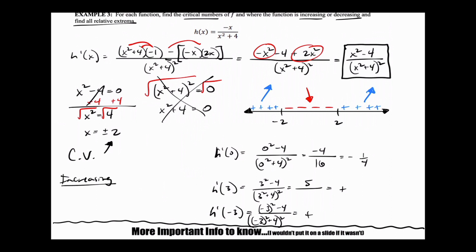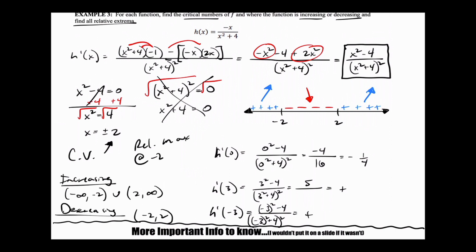So increasing from negative infinity to negative 2, and 2 to positive infinity, decreasing from negative 2 to positive 2. I'm going to have a relative max at negative 2. I'm going to have a relative min at x equals 2.